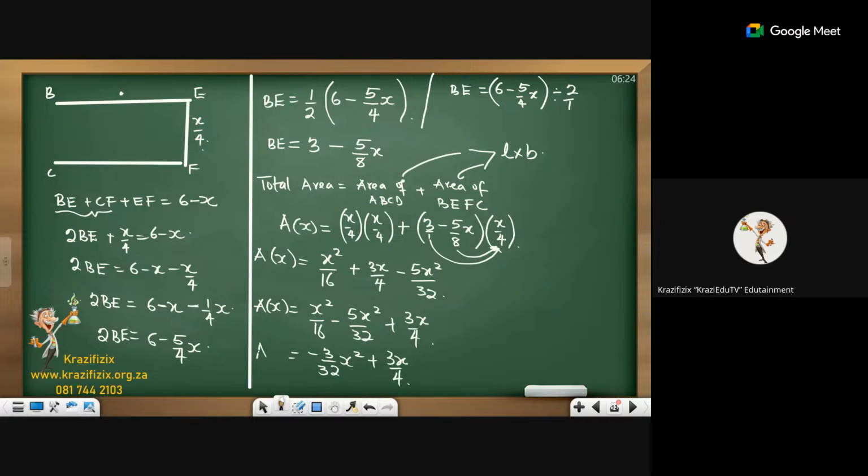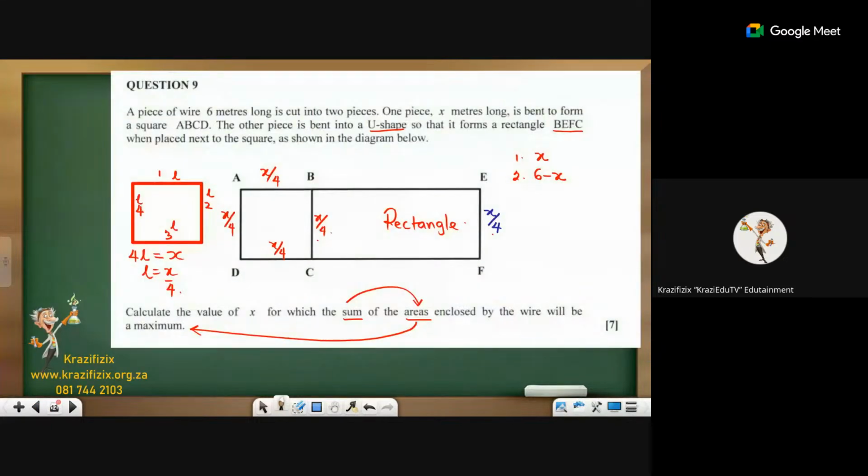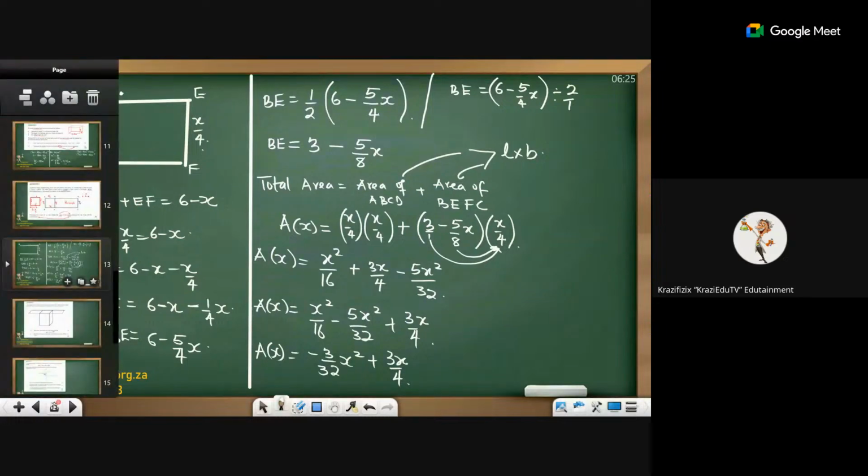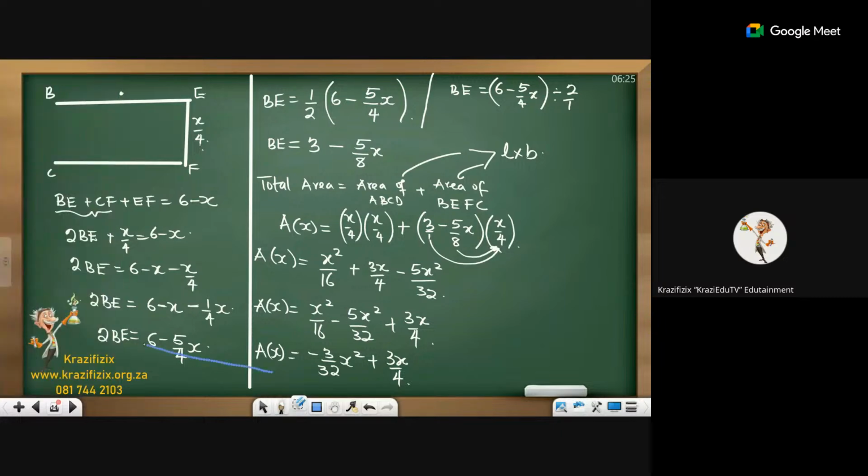This is the area. But the examiner, sum of area, sorry. But the examiner says we want what? Is it a maximum? Let's check. Maximum. The sum of the areas must be maximum. So that is what we are going to now differentiate. The sum of the areas must be. What would the derivative be? The derivative would be equal to.